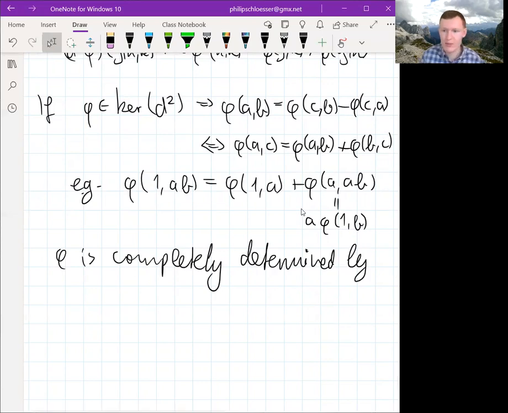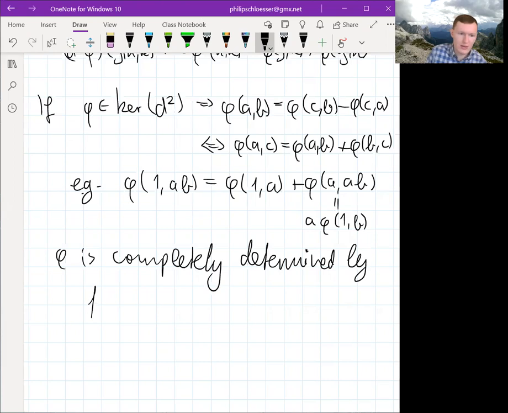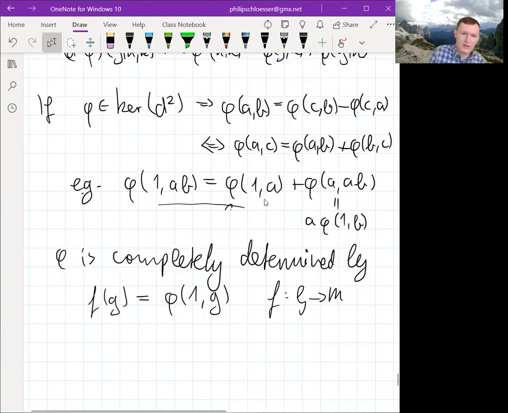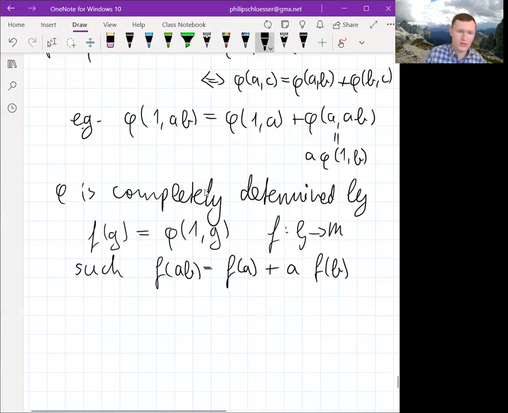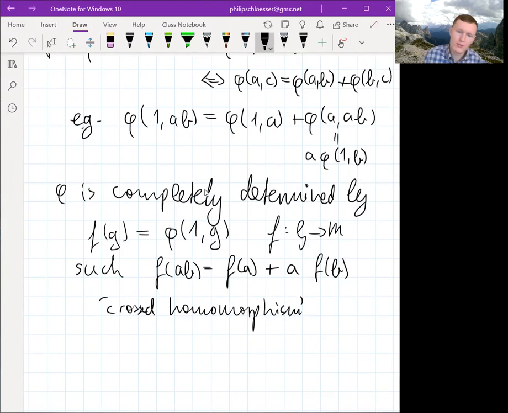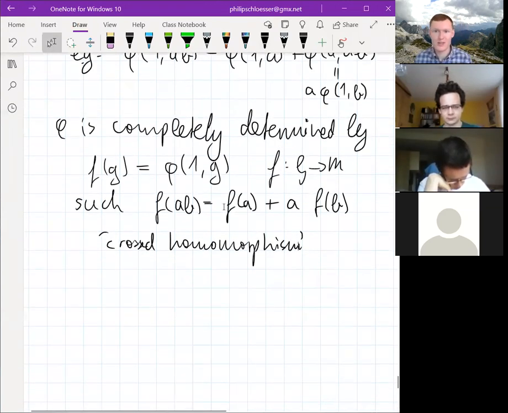Okay. Now I'm basically saying that such a co-cycle is completely determined by a map f of g, which is defined as f of 1 and g, where f is a map from G to M. And we can translate this co-cycle condition into the condition that f of AB, the product AB, is equal to f of A plus A times f of B. Those maps are called crossed homomorphisms, because they are sort of group homomorphisms relative to some sort of representation.